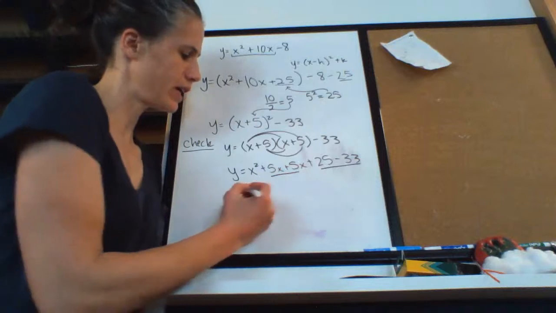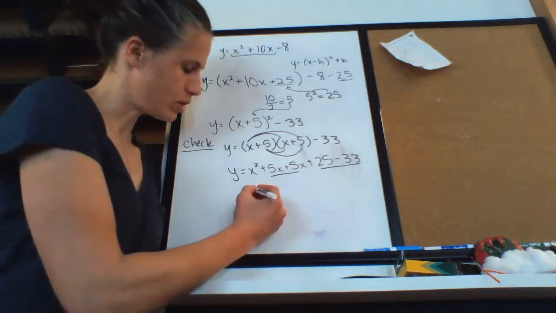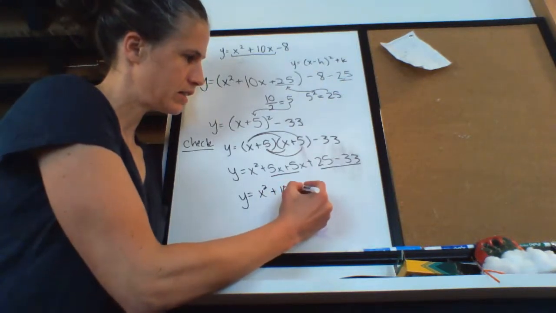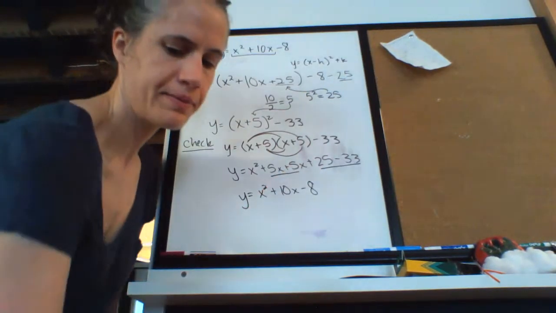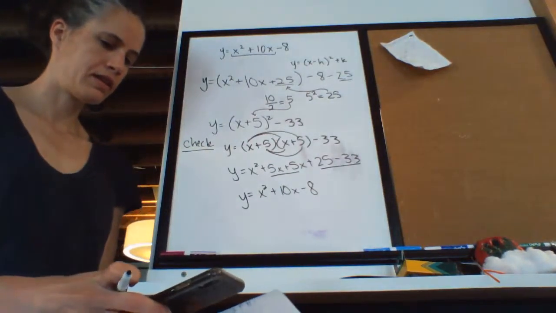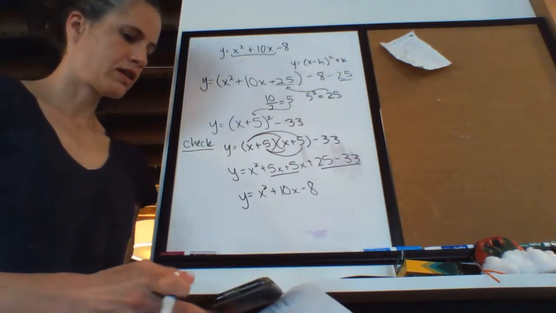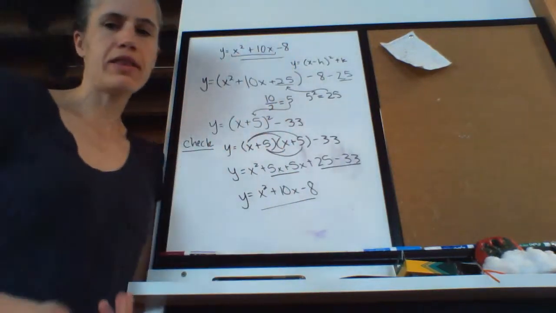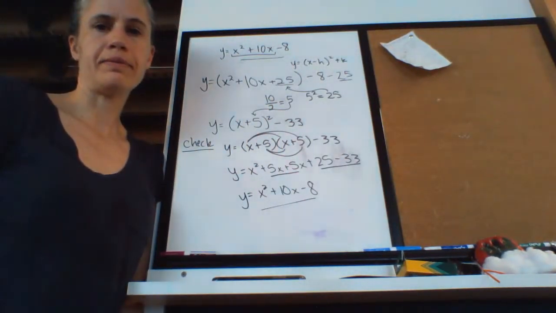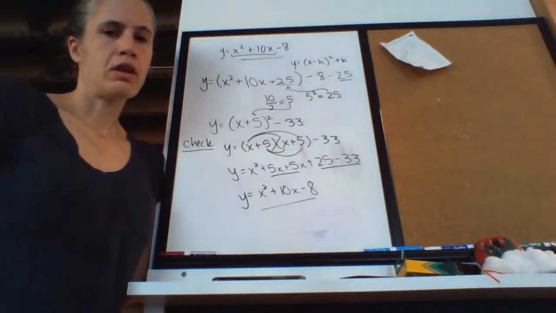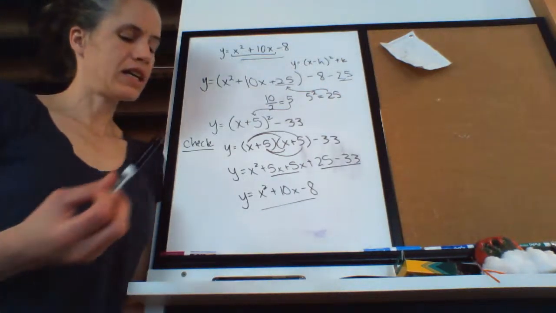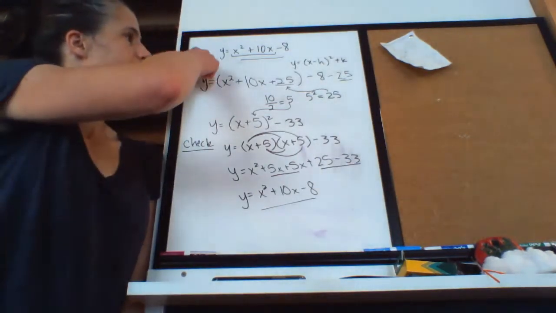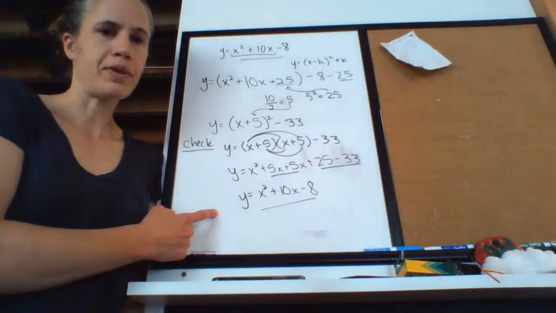Combine like terms where I can. So I have y equals x squared plus 10x minus 8. All right, cool. This is the same as what I started with, so I know I did it correctly. That's that first bullet point I went over in terms of what you're going to have to do. You're going to have to take something from standard form to vertex form.